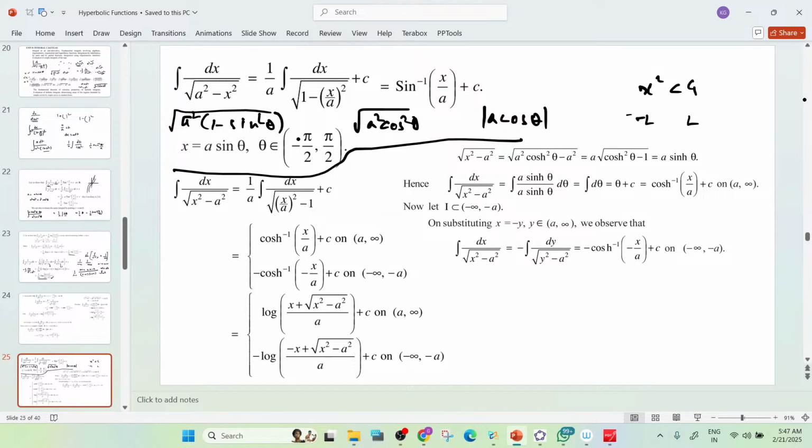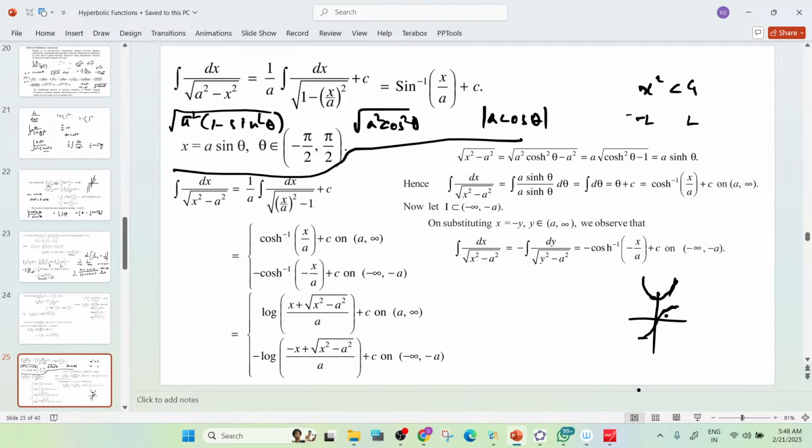Now, something interesting. We have taken theta from minus pi by 2 to pi by 2. Sin can go from negative to positive because we want minus a to plus a. But in this region, what is cos?